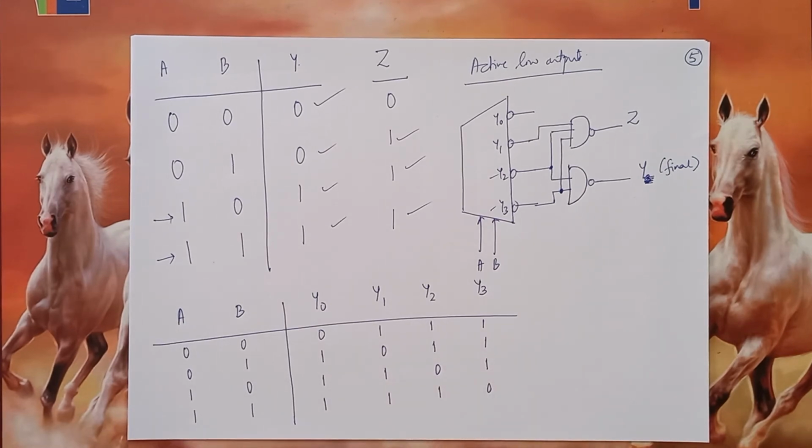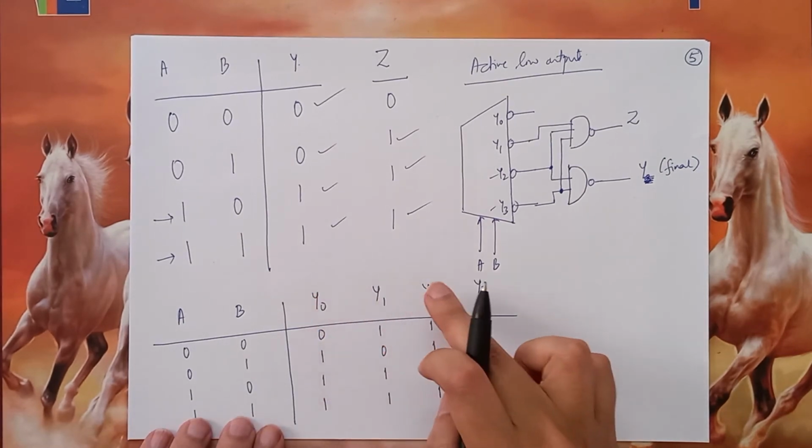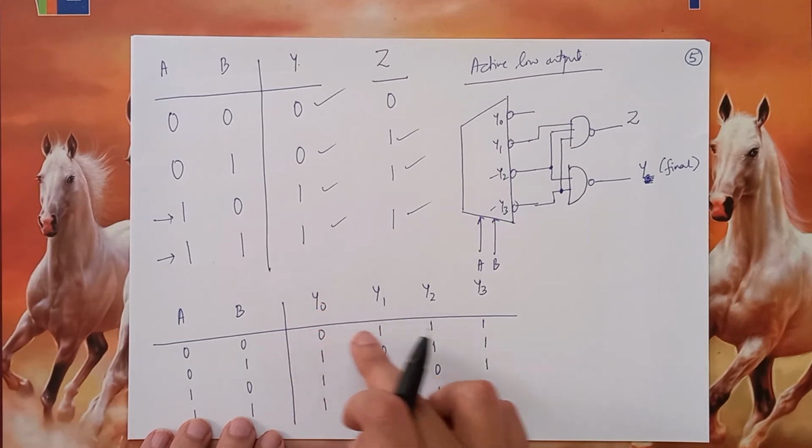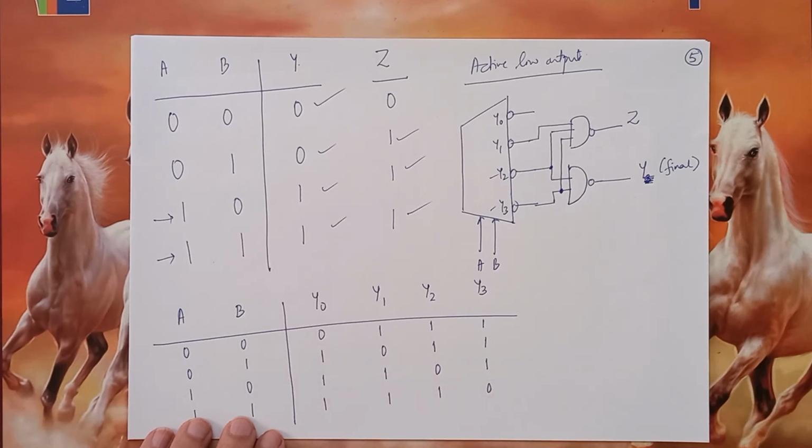Now we can look at y0, y1, y2 and y3 as 4 independent logic functions. What we are seeing is that the 0 is rare, not just in y0 but for all the y's. So we can use all the y's as something like max terms.